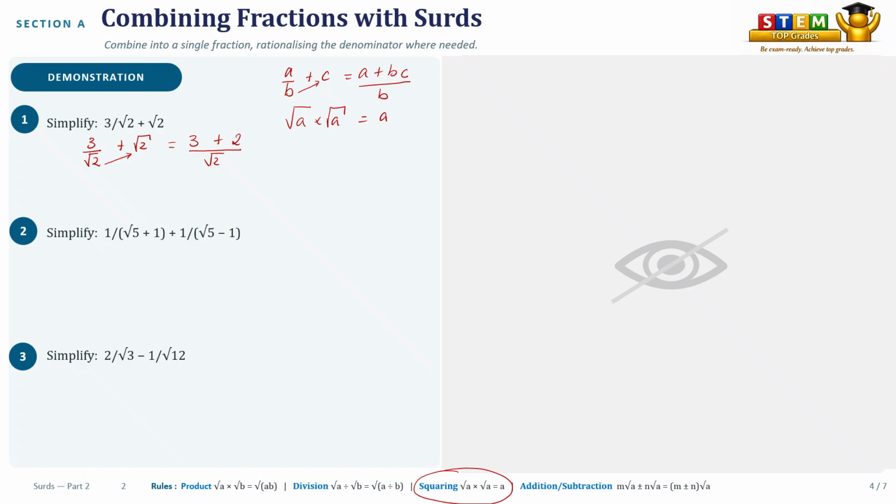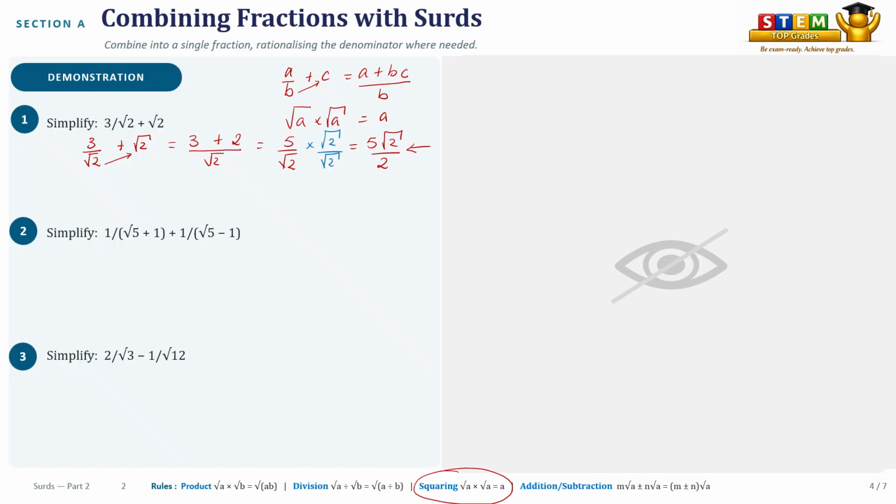That gives me 5 over root 2. Now, normally, we don't want the surd to be in the denominator. We want it to be in the numerator. So how are we going to do this? We are going to multiply this with root 2 over root 2, which is in fact 1. It doesn't change the value, it only changes the form. We call that rationalization, and we end up with 5 root 2 over 2, and that's the answer.